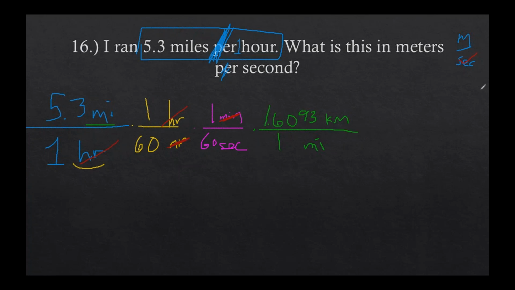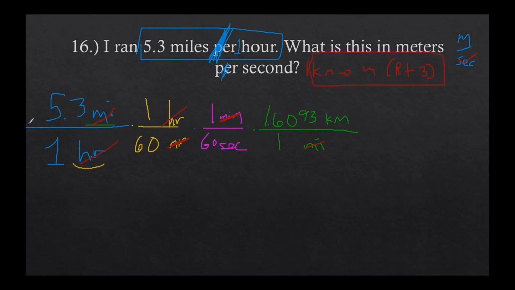So that green step allows my miles to cancel out. And now I'm in kilometers per second. I know that's not where I want to be, but I know that to go from kilometers to meters, I'm going to move my decimal right 3. If you think back to when we did that problem earlier. So my last step is going to be to move my decimal right 3.